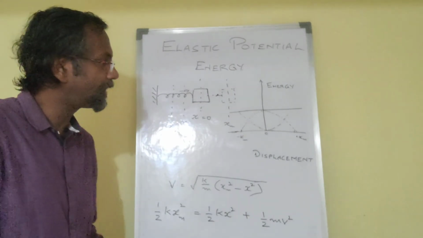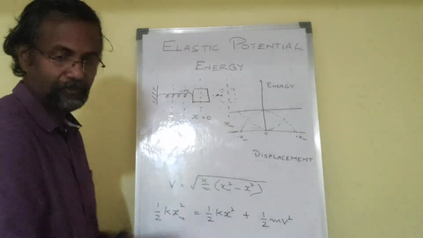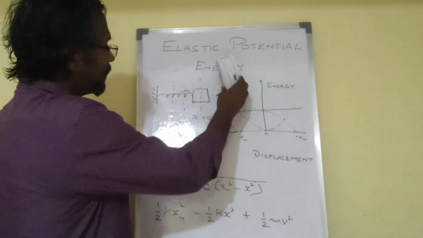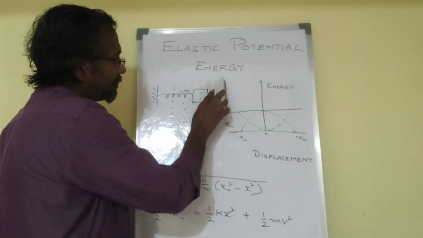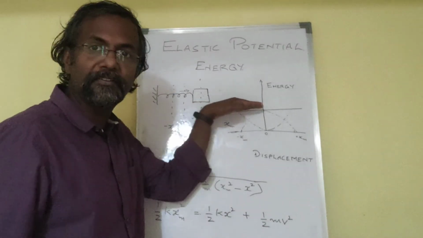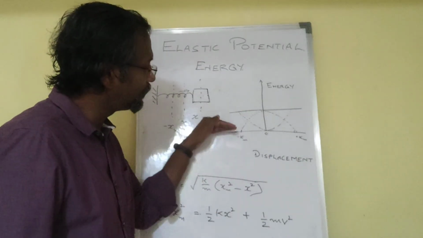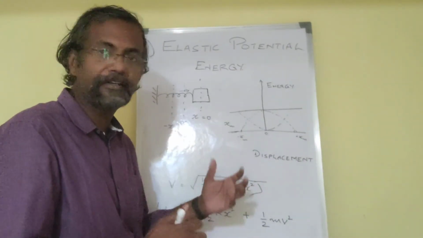So how do you represent this graphically? This graph, it's a very elegant way of representing it. It's a very beautiful way of understanding this concept. This graph represents how the total energy is given by this line, right? The line over here. How this energy is oscillating between potential energy and kinetic energy.